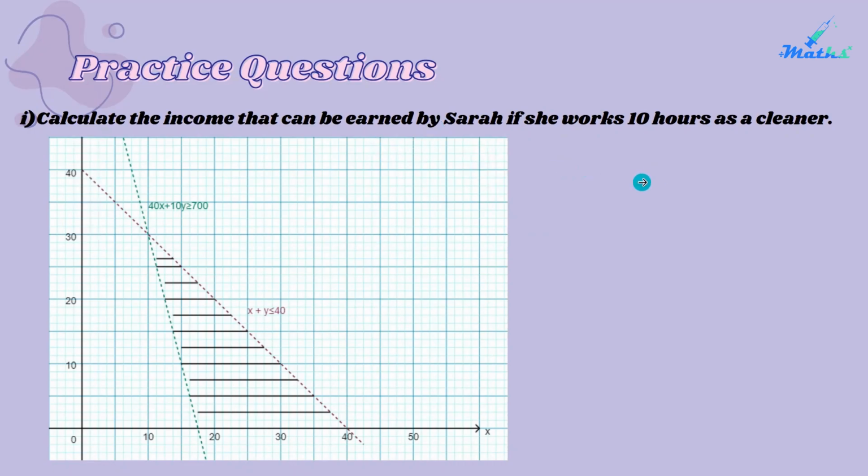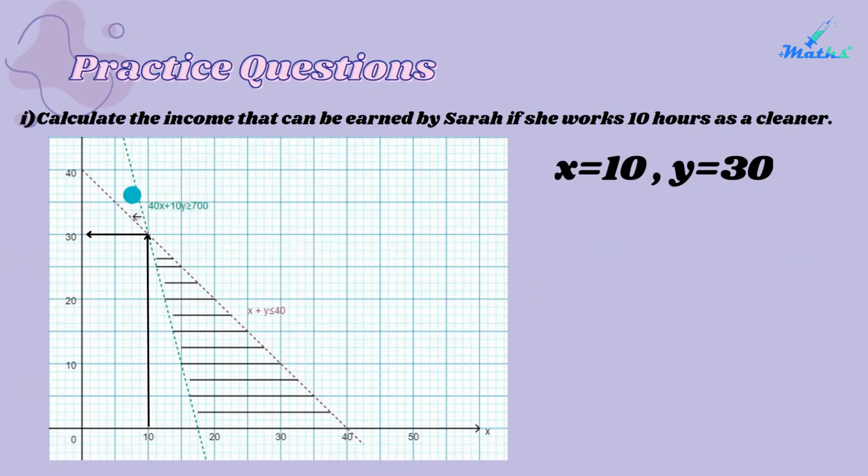So from the graph, let's find the 10 hours as a cleaner. Here is the 10 hours of a cleaner, and you can see the 10 hours for the cleaner and the 30 hours for the delivery man. So we need to do some calculation. So x is equal to 10, y is equal to 30.